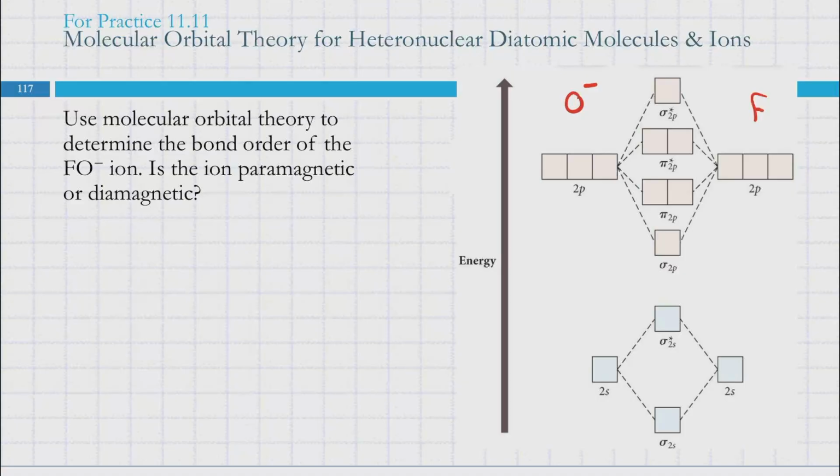Oxygen normally has how many valence electrons? 6. We could also fill up its orbital diagram. That's the same. So we're going to put in 6. It's a minus in this case, so for the minus, we add 1.